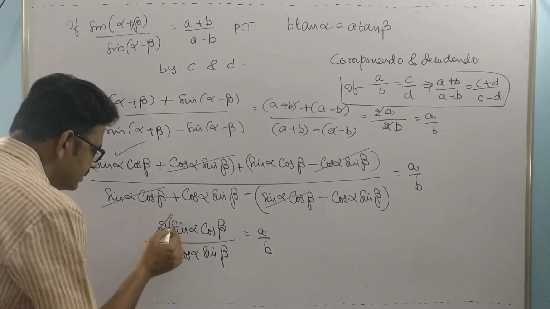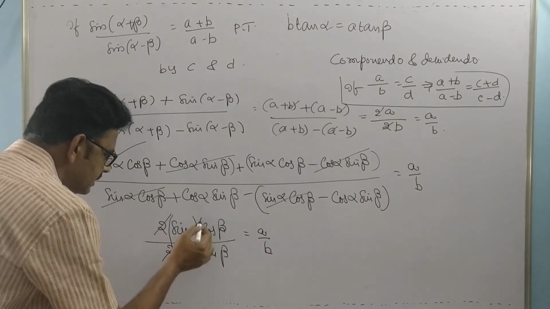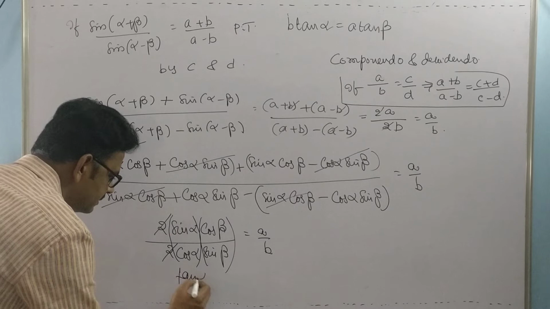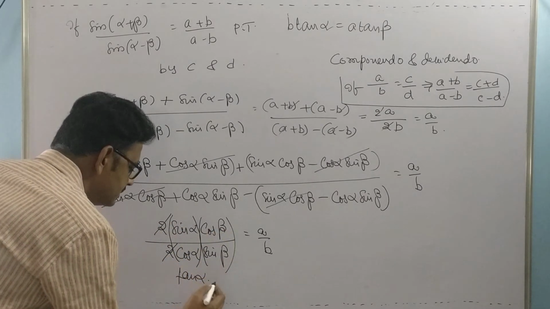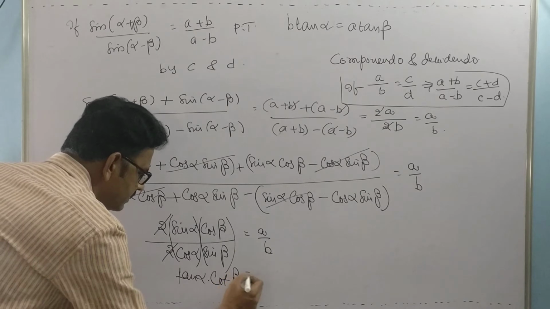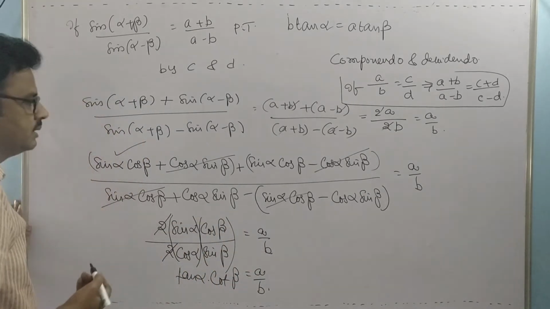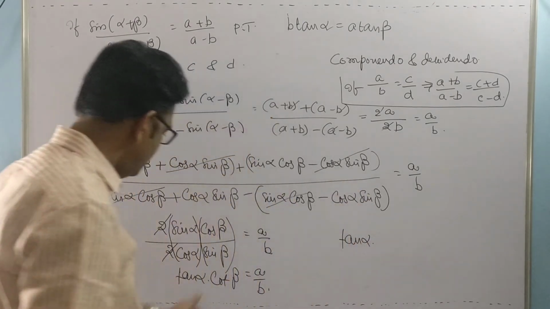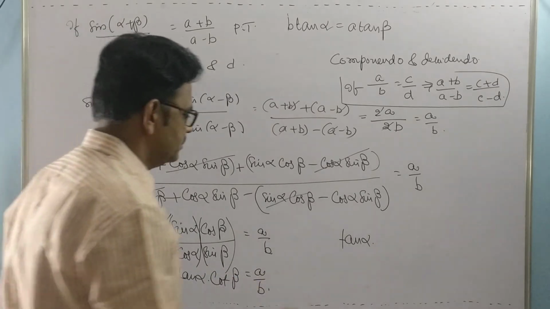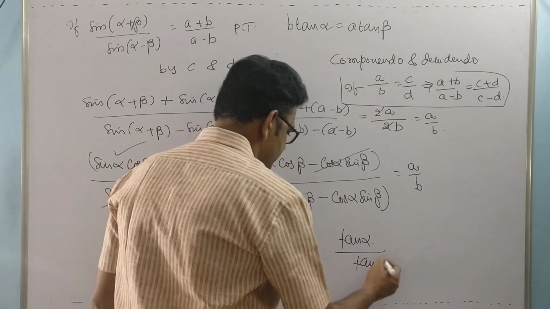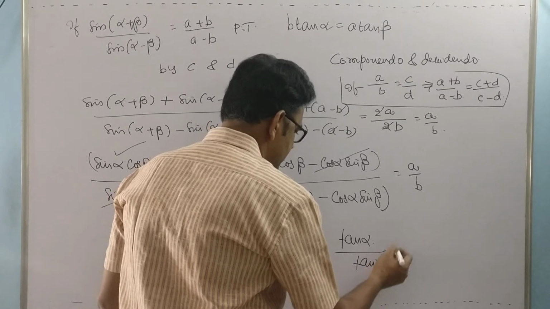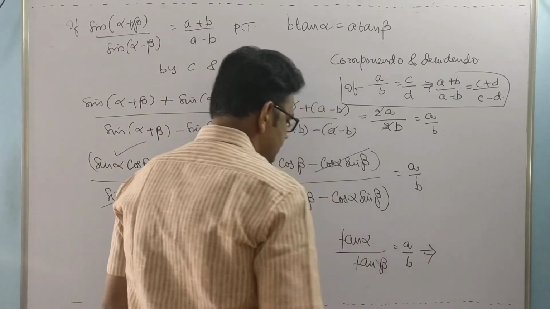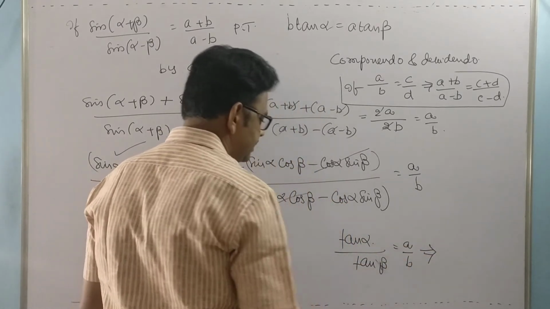Okay, this can be written as sin alpha by cos alpha, which is tan alpha, into cos beta by sin beta, that is cot beta, is equal to A by B. That is, you write tan alpha into cot beta is 1 by tan beta. So tan alpha by tan beta is equal to A by B. Implies by cross multiplication, A tan beta equal to B tan alpha.